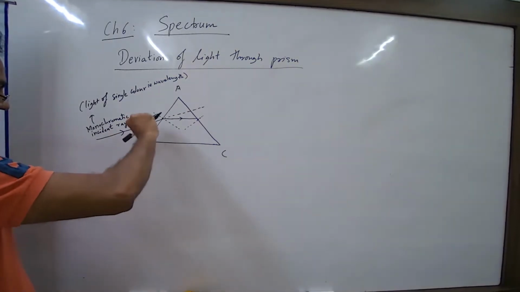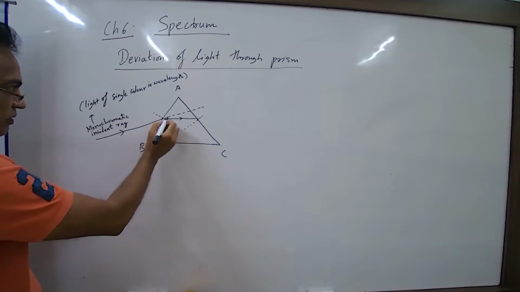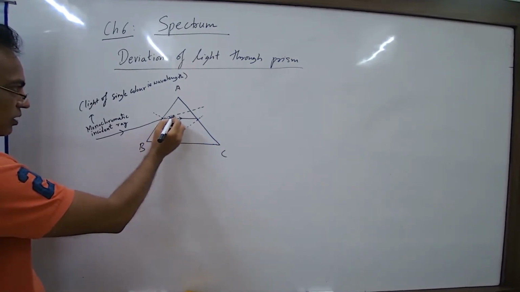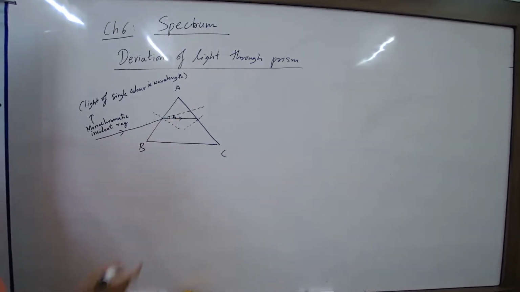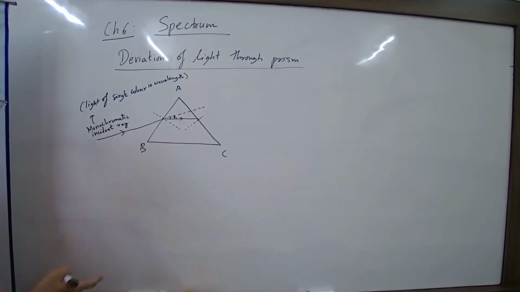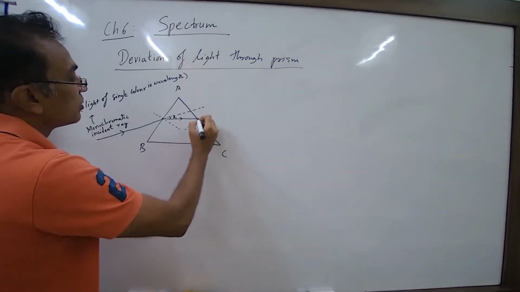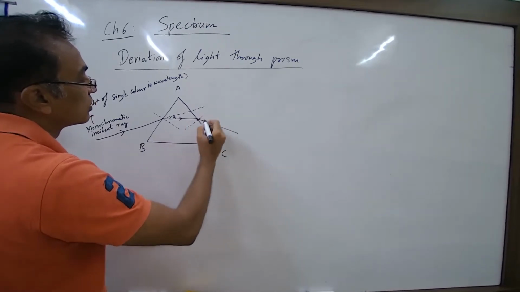So this is the incident ray. Now it will suffer deviation. So what is the first deviation here? This is the first deviation. Right? And we'll call it delta 1. See the diagram in the textbook. Okay. Now at this normal, what will happen? It will go away from normal, right?